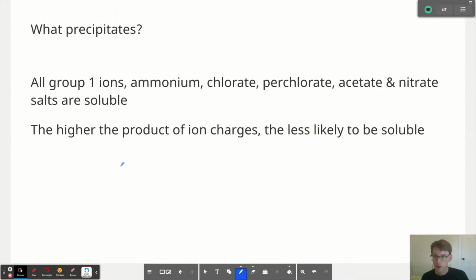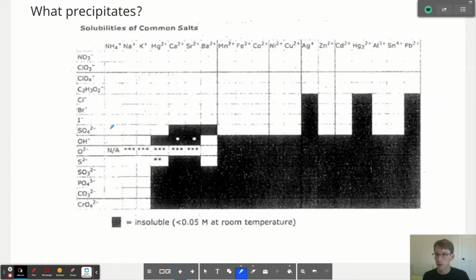In general, all group 1 ions, all ammonium salts, all chlorate salts, perchlorates, all acetates, and all nitrates will be soluble. Notice, all ammoniums are soluble. All sodiums, potassiums, none of these are shaded. And no nitrates, chlorates, perchlorates, or acetates are shaded.